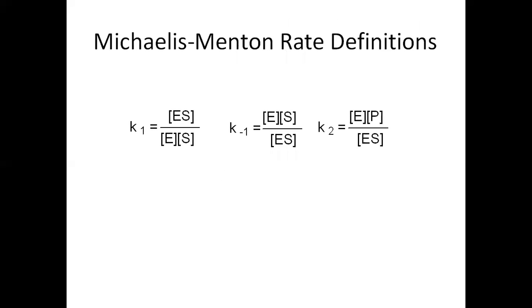The rate constants are shown here. Theoretically, we could measure the amount of enzyme bound to substrate, ES. In practice, however, it is very difficult to measure, and therefore an assumption is to be made. The enzyme and substrate concentrations at time 0 can be known as it is the amount of material that we add to our assay tube.